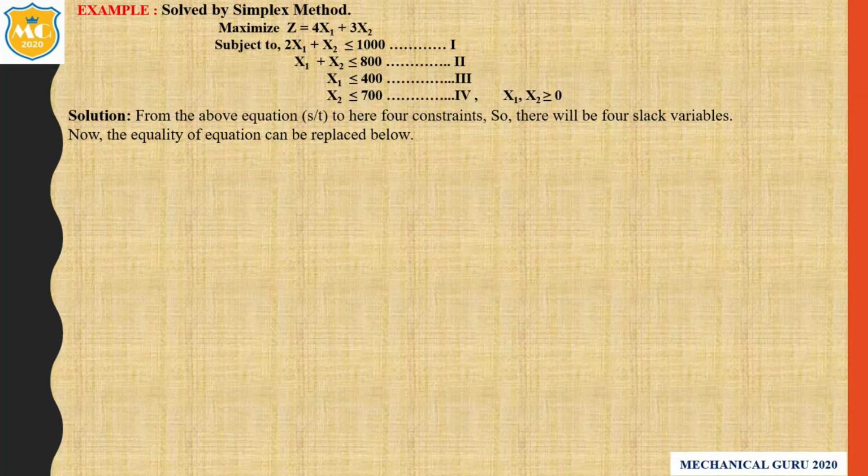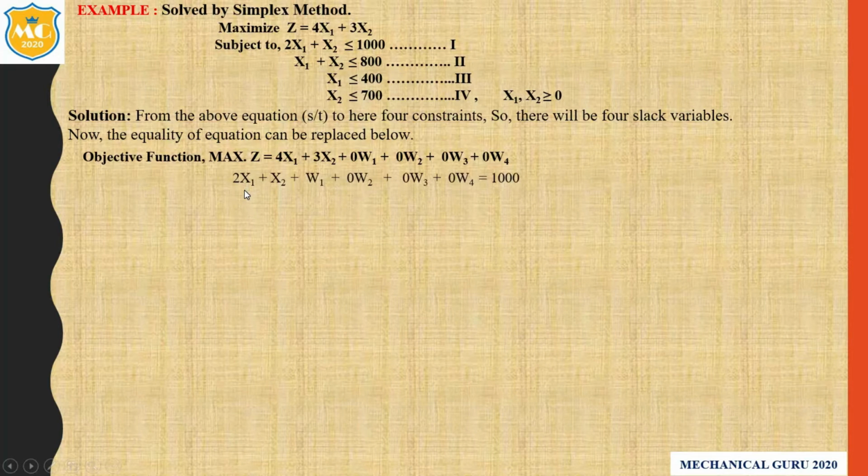First we convert the objective function. Maximize z equals 4x1 plus 3x2 plus 0w1 plus 0w2 plus 0w3 plus 0w4. And next we convert the constraints into equations. First equation: 2x1 plus x2 plus w1 plus 0w2 plus 0w3 plus 0w4 equals 1000.